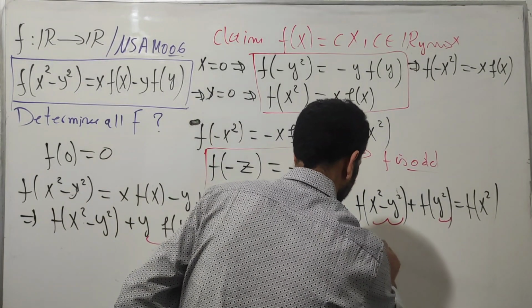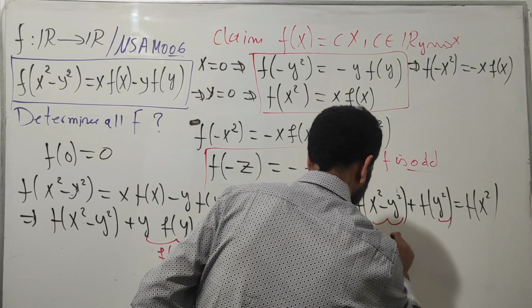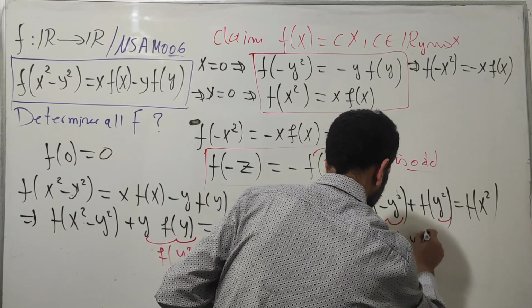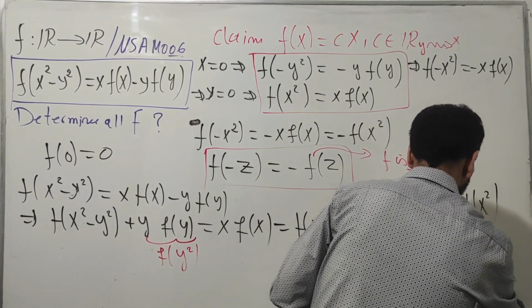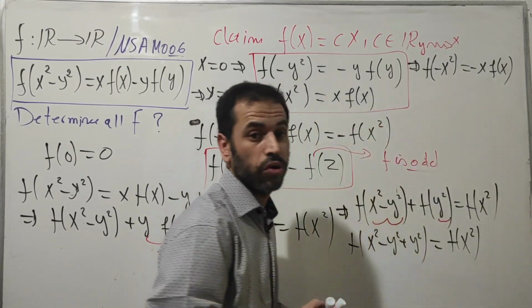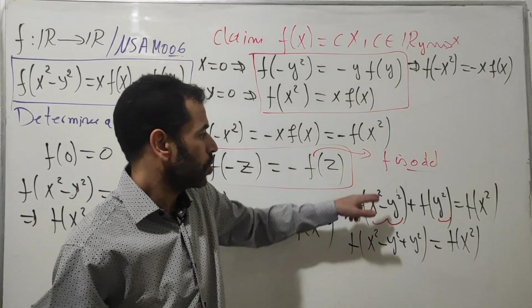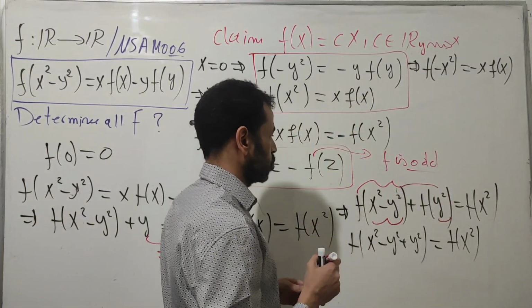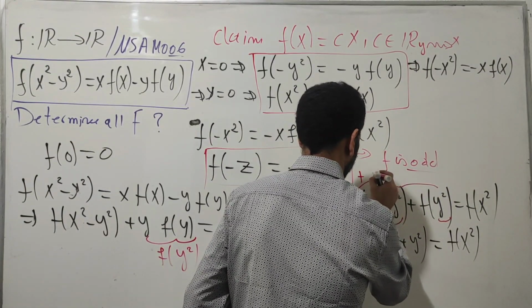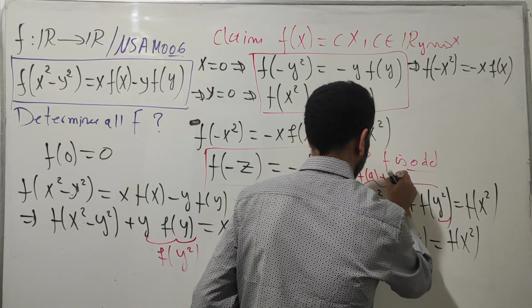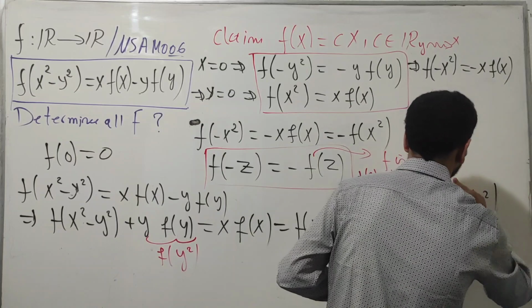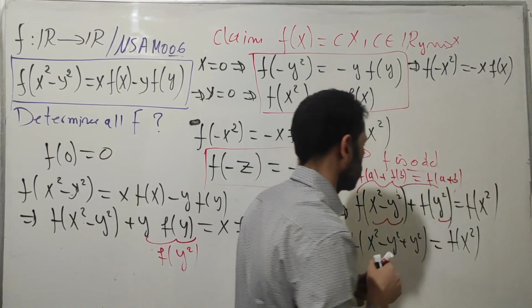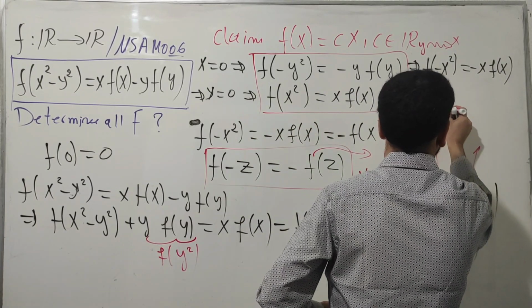So I get f of x squared minus y squared plus y squared. If I cancel that out, I get f of x squared, which is true. What we have here, as I have previously shown, is of the form f of a plus f of b, which equals f of a plus b. Okay, additive function.